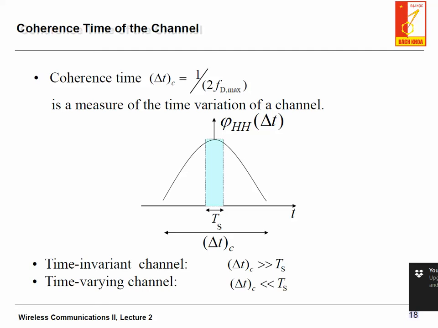Then we have a time variant channel. So that is what we discussed in the morning session. And in the time invariant channel, the channel is nearly flat in the time domain.